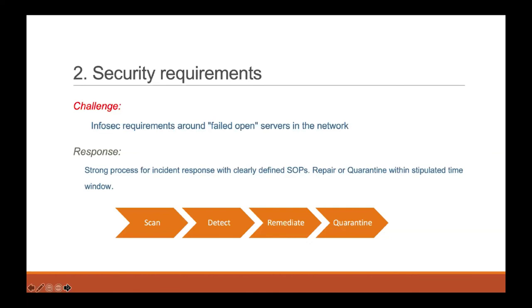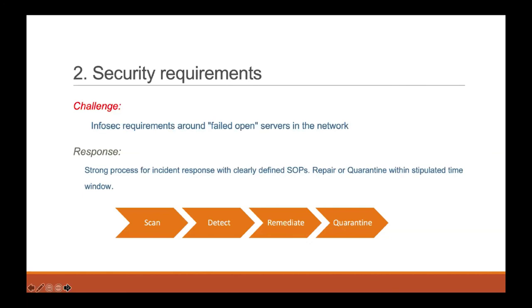So the first one is scan, where we continually scan the entire LinkedIn data center, crisscrossing every environment, and then we detect that a host is failing to enforce the rules. Once we detect that the host is open, we have an auto remediation system in place which tries to fix DFW on the host by inserting rules, static rules and dynamic rules.